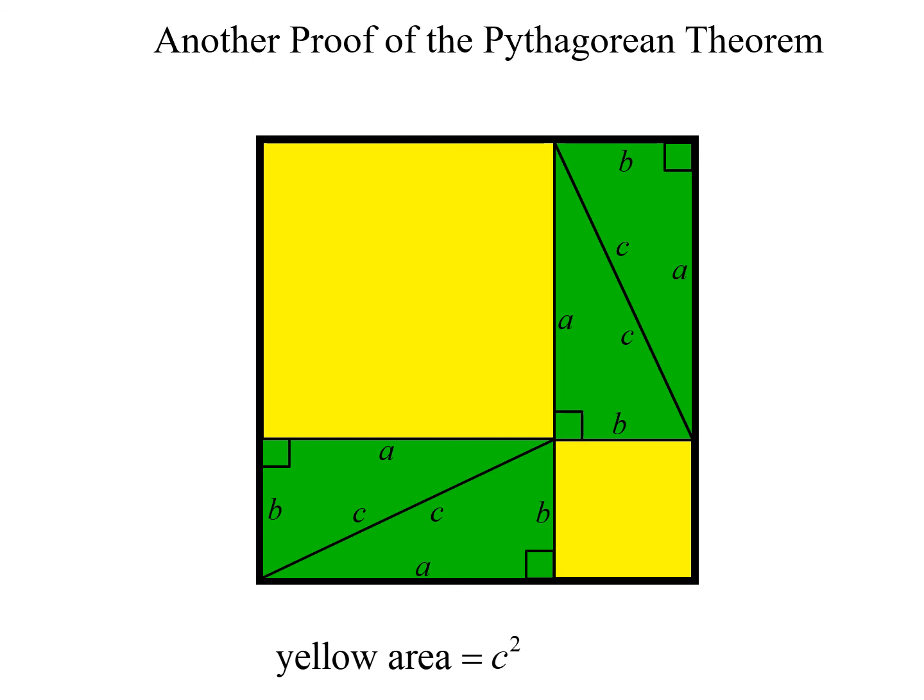That yellow area is still c squared, but look what that yellow area is. It actually is 2 different parts, 2 different squares. And so the yellow area also equals the area of this square, which is a squared, plus the area of this little yellow square, which is b squared.